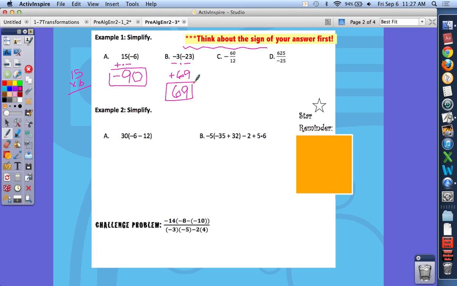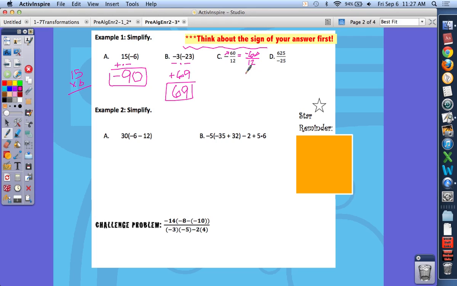What about division? If we have negative 60 over 12. Okay, look at this one. That negative sign is out front. That doesn't mean you give it to each of the numbers. You don't write it twice, okay? That means you just give it to one of them. I always bump it up. So this is the same as negative 60 over 12.